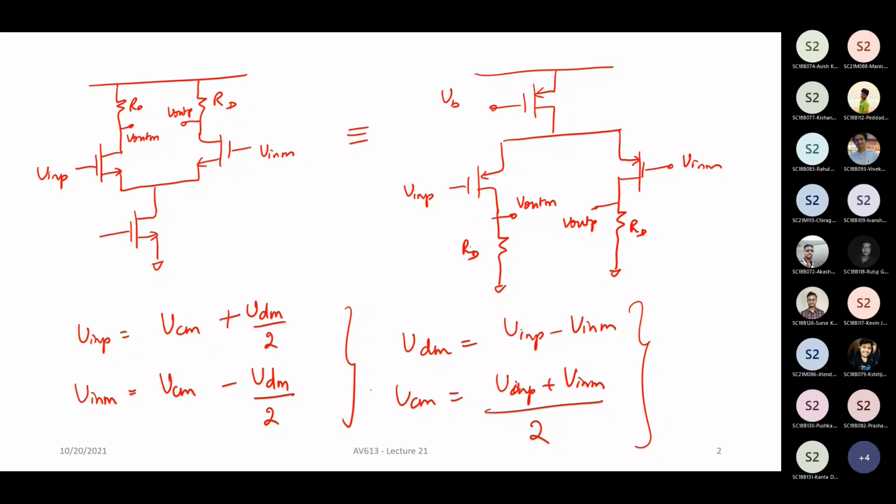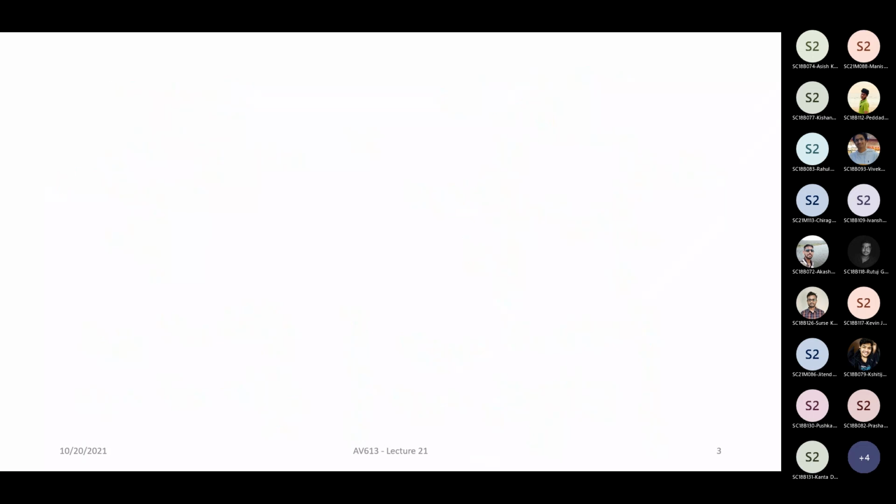So this is how we have also understood or decomposed these signals, right? Now, we looked at the bias voltages, this common mode voltage, the DC voltage on which the small signal is going to ride. We saw what the range is, and we also looked at the output voltage swing and so on. Now, what happens when you have a large signal behavior, right?